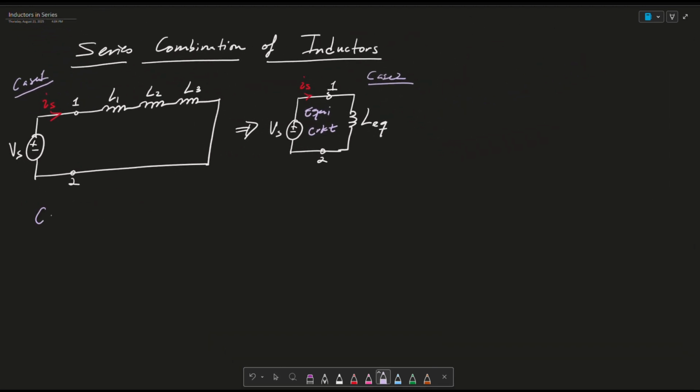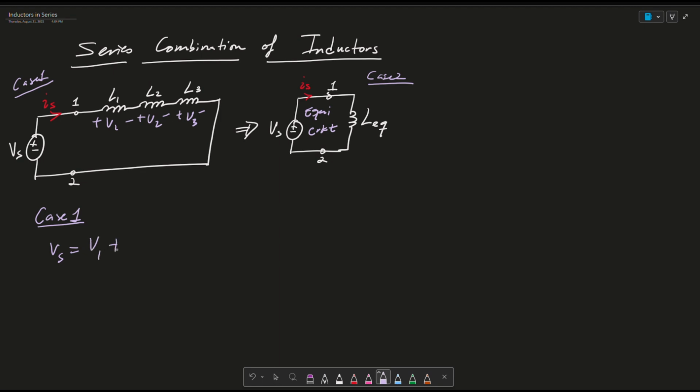For case 1, we know that the voltage across the inductors is plus minus V1, plus minus V2, and plus minus V3. Mesh analysis tells us that the voltage going into my circuit, Vs, must equate to all the voltage drops in that loop, right?